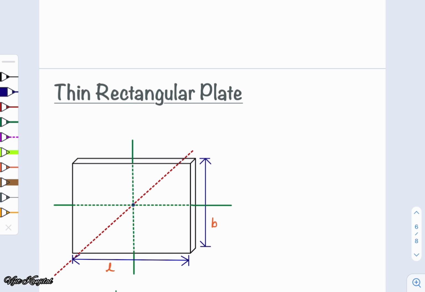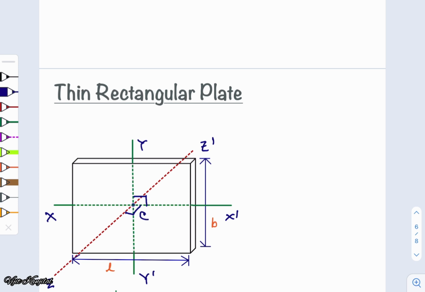So we have two axes, x dash and y dash, which are mutually perpendicular to each other and intersecting at the center of this thin rectangular plate. And there is a third axis, let's call this z dash, which is passing through the point of intersection of these two axes, and it is perpendicular to the plane of this plate.